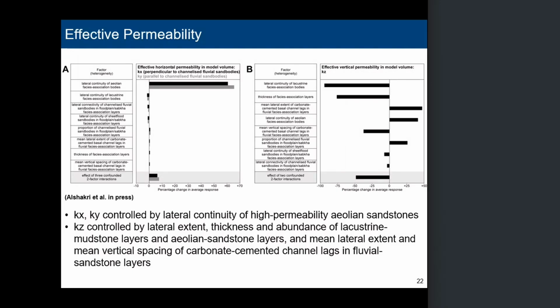Also, some of the parameters that describe the spacing and distribution of those cemented lags, basically baffles within the major fluvial sandstone units, are also important in terms of vertical permeability.